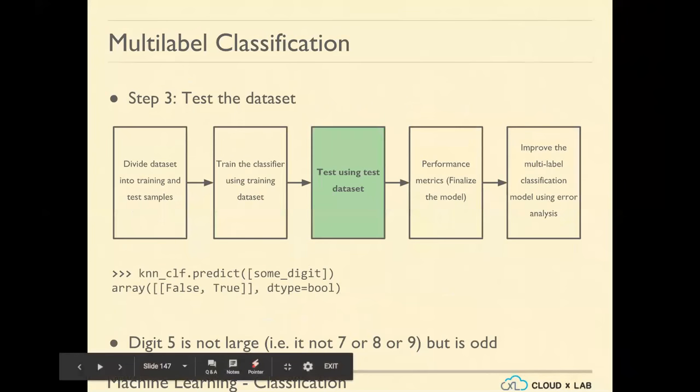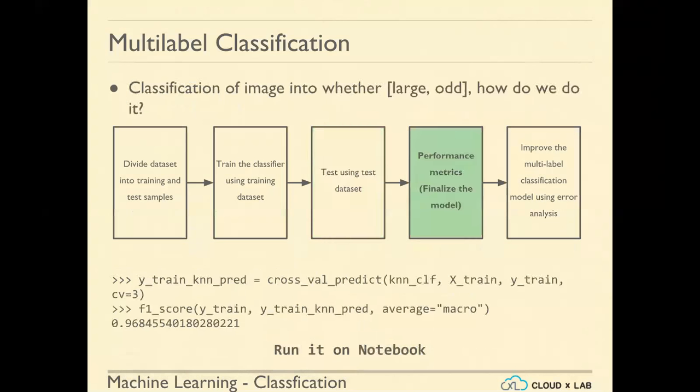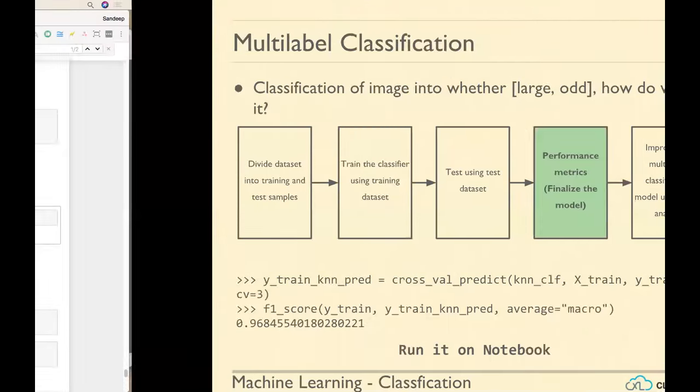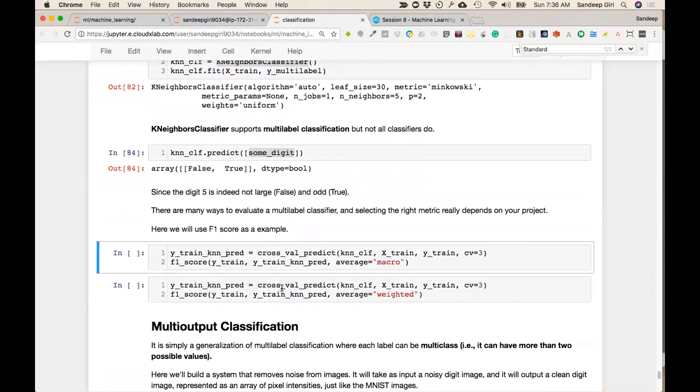We can further do the performance analysis. First, we use cross_val_predict. This is where we are running the cross-validation.